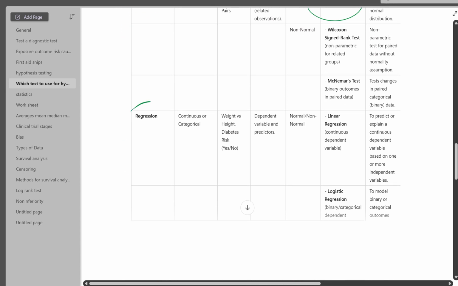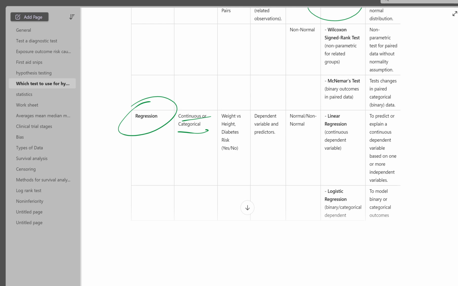And if you want to see regression where there are multiple variables which are categorical or continuous, and we want to find out which are the dependent variables and predictors with multiple variables, we would use regression. Now, when would we use linear regression and when would we use logistic regression?